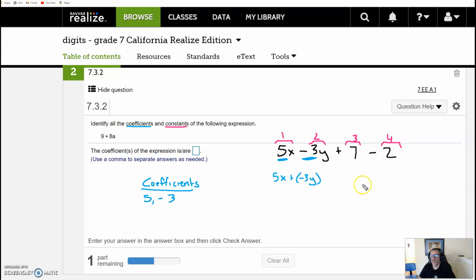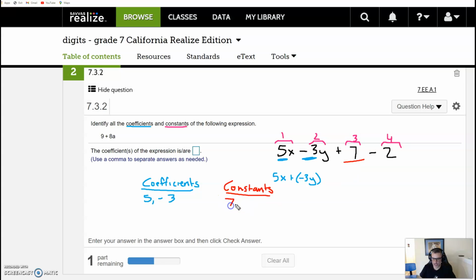Well, constants are even easier. Constants are just the plain old numbers that have no variables attached. So I'll make a list of my constants here. And let's start with 7. Now, the reason that these are called constants is because their value doesn't change, right? A variable, by definition, varies, right? Its value can vary. 7 is always worth 7, so it's constant.